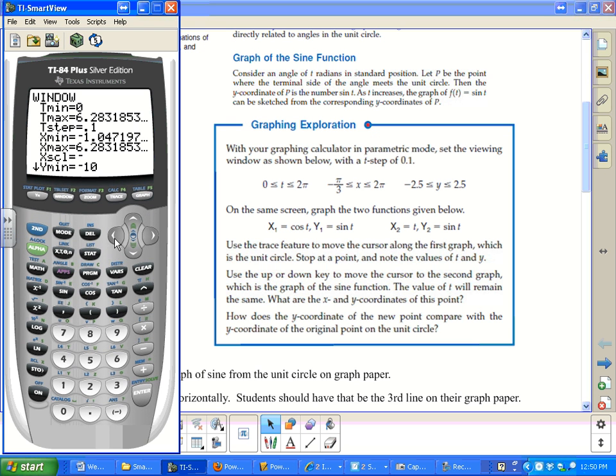Okay, now, one thing is when you're doing your scale for x, make it pi over 2. Pi scale can be 1, it's fine. X scale pi over 2.